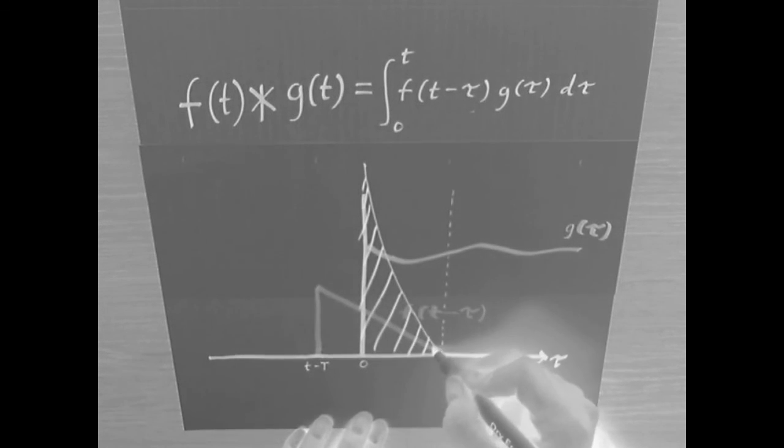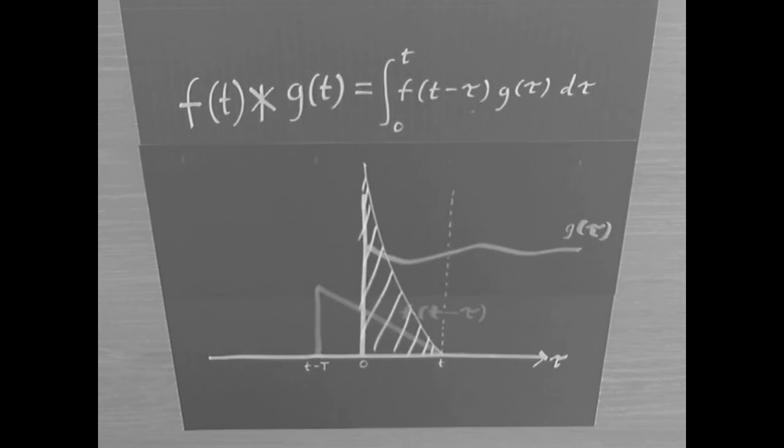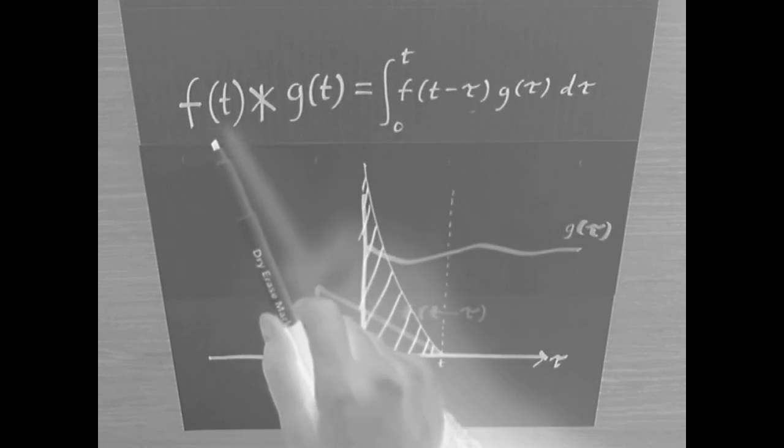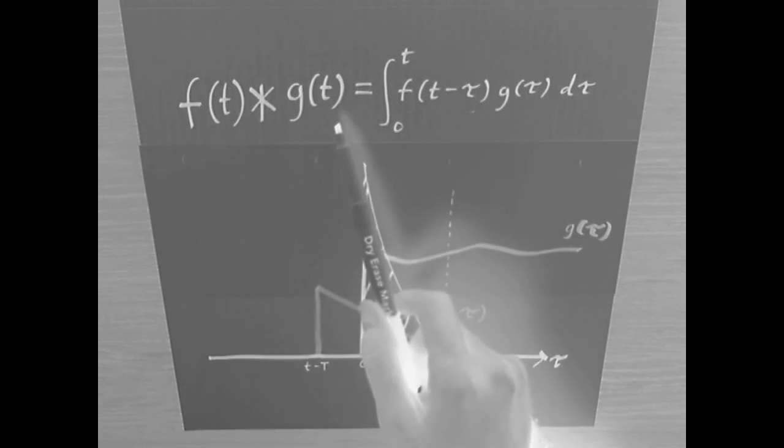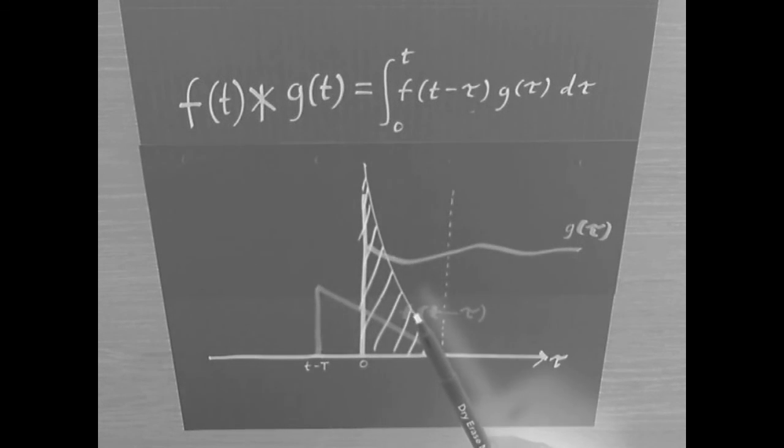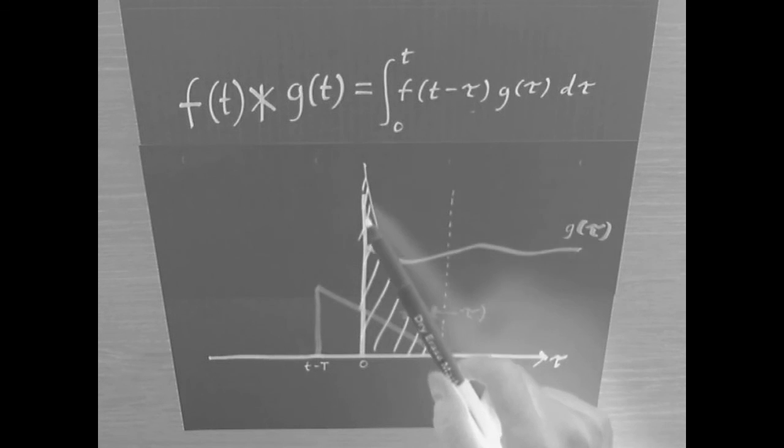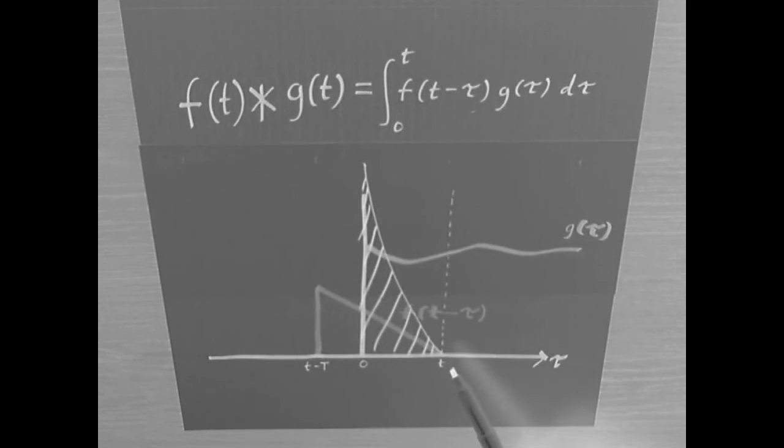So what have we just done? We have shown that the convolution of f of t with g of t is graphically depicted as the area underneath this curve which is the multiple of our transfer function with a part of our sliding window of our input signal.